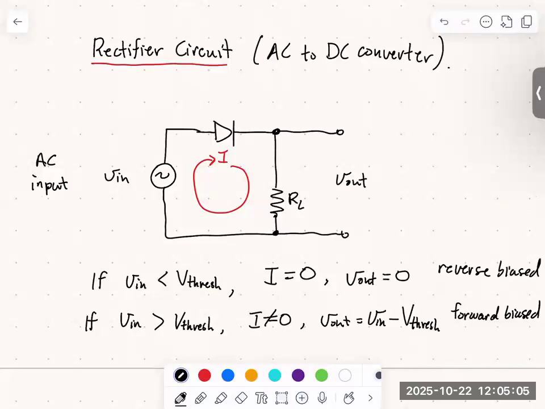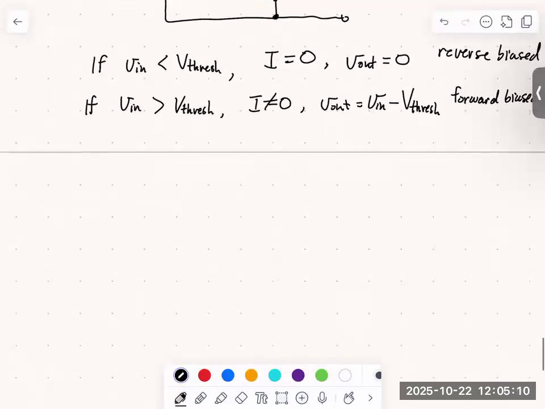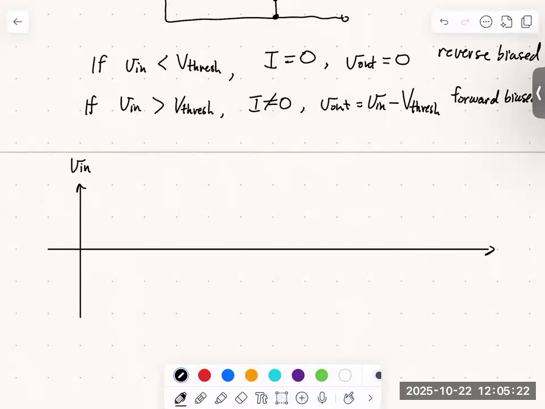All right, so we can draw some plots here. I'm going to draw my V in as a function of time, and it's just going to be a sine wave of some amplitude. So let's see if we can draw a reasonable sine wave.